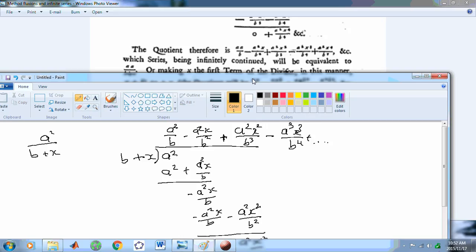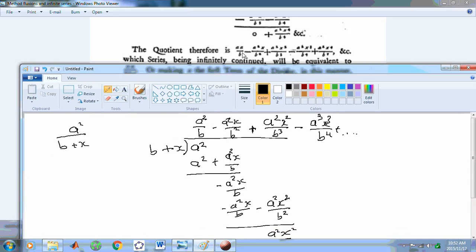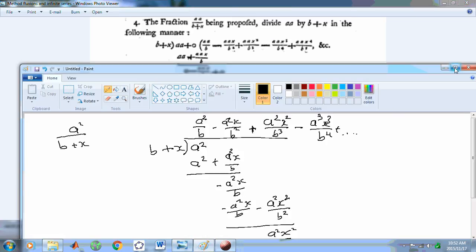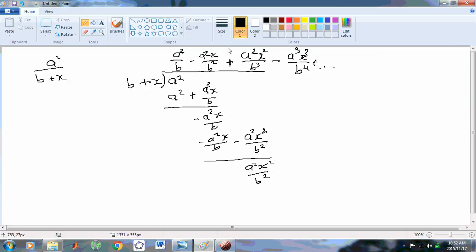So if you go over here, you'll see that that's a squared over b minus a squared x over b squared plus a squared x squared over b cubed, etc. So you end up getting the quotient like that, but it's not really the complete quotient, and that's what I'm going to be talking to you about. It's actually not the complete quotient. So at any one of these stages here, we could have chosen to stop this process to get an exact value, okay?